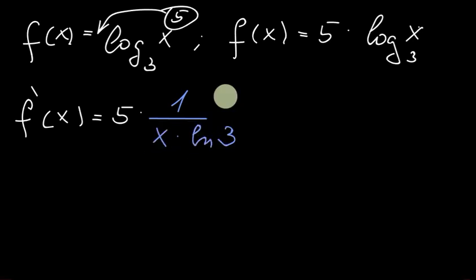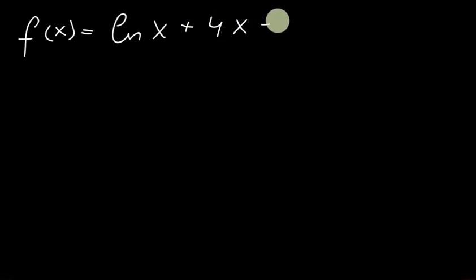As you probably already noticed, calculus really likes natural logs, so it actually helps to remember how to calculate these derivatives. Let's say we have f of x equals natural log of x plus 4x minus 3.